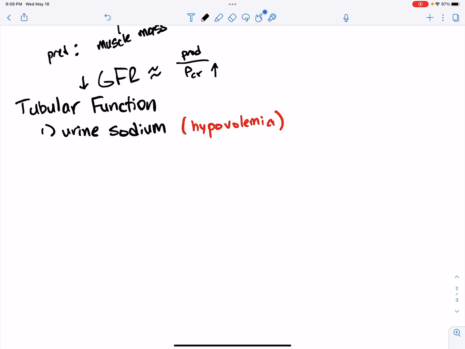So in the context of hypovolemia, if urine sodium is low, that's expected. If urine sodium is high, that indicates a problem. That indicates tubular dysfunction, or something's going on.